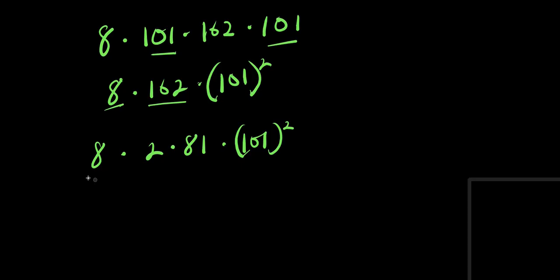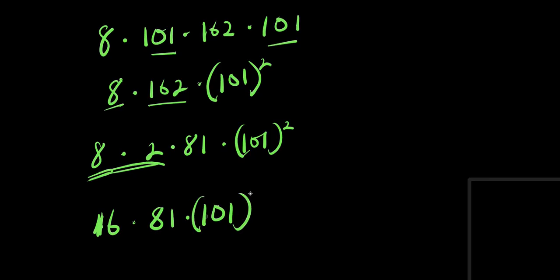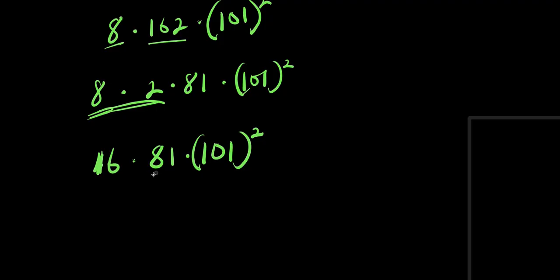So from here, 8 is not a perfect square, sorry. I can just multiply this out. 8 times 2, that is 16, times 81 times 101 power 2. Now 81 here is a perfect square. 16 is a perfect square.